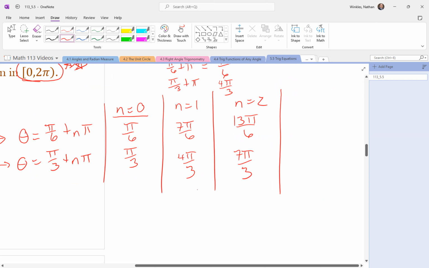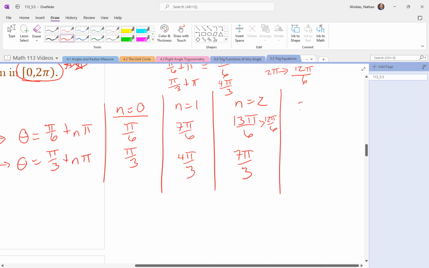But if we convert this back to sixths and thirds, 2 pi is equivalent to 12 pi over 6. So this value is greater than 12 pi over 6.